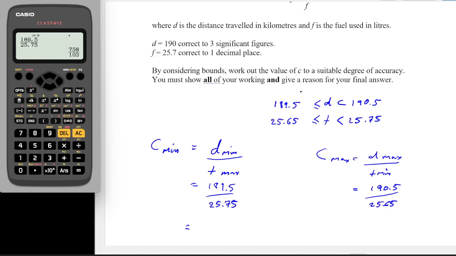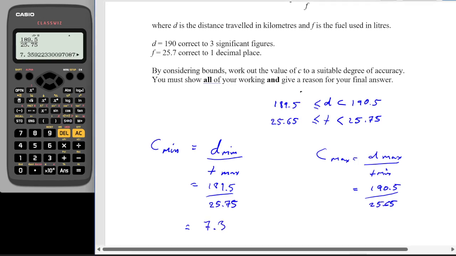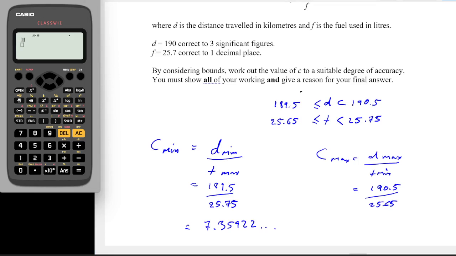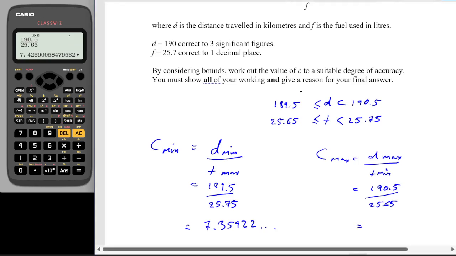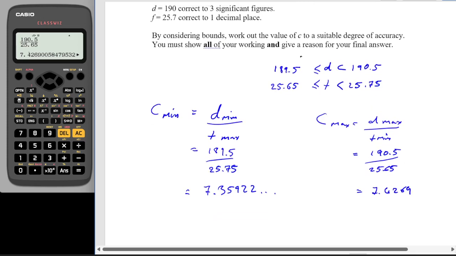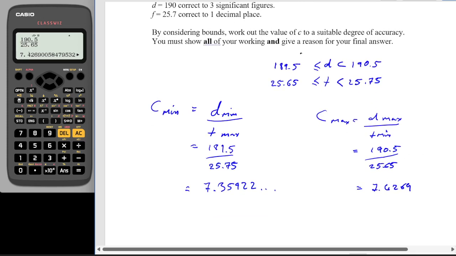Okay, so my minimum value is 7.35922... And then my maximum value for C is going to be 190.5 divided by 25.65. So that's going to be 7.4269.